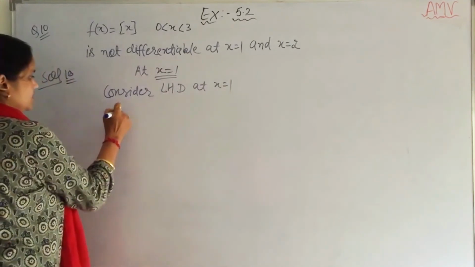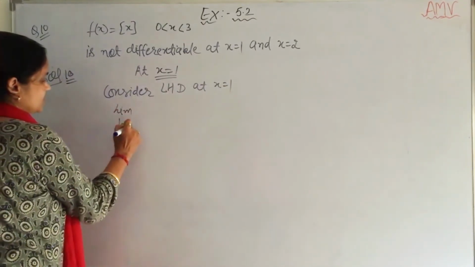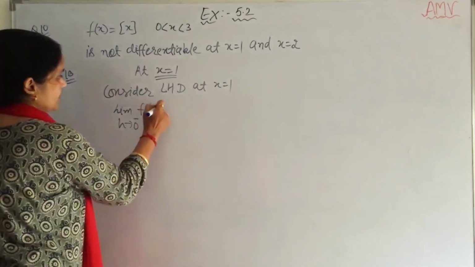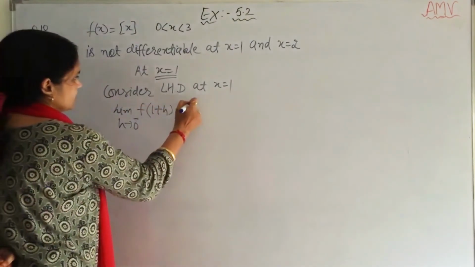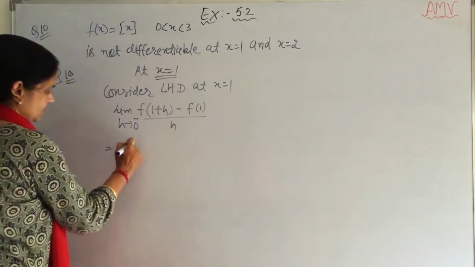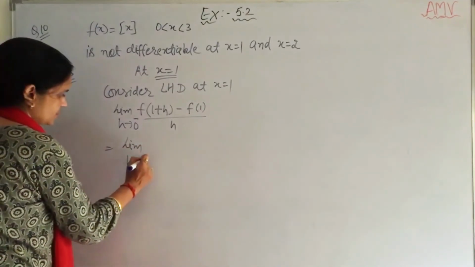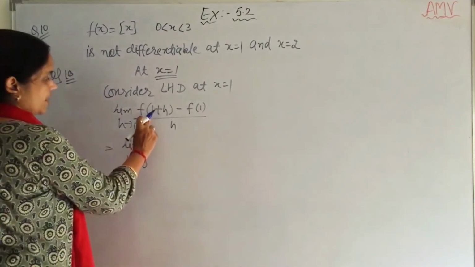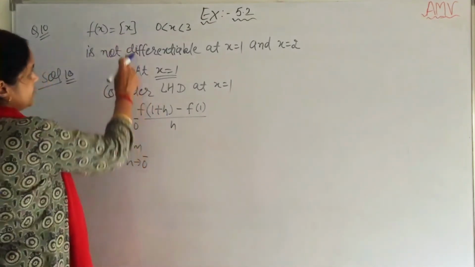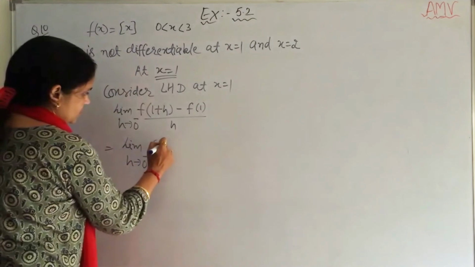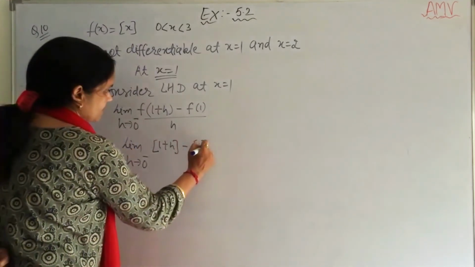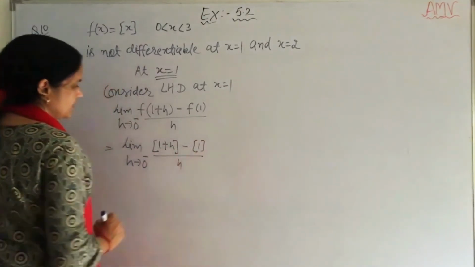It is limit h tends to 0 negative f(1 plus h) minus f(1) by h. Now f(1 plus h) means write 1 plus h in place of x. It is 1 plus h here minus f(1) and it is h.